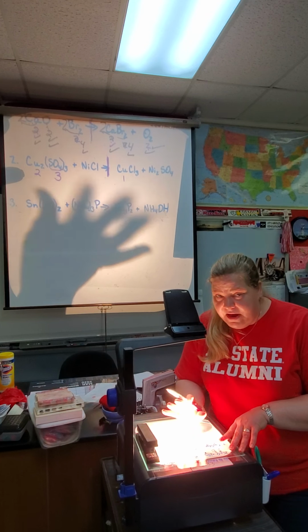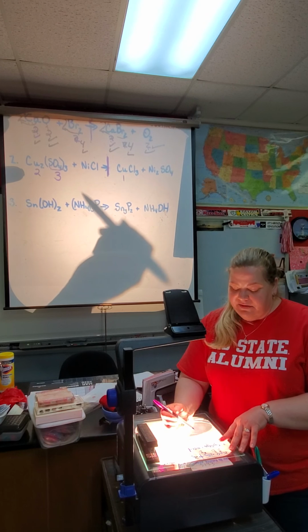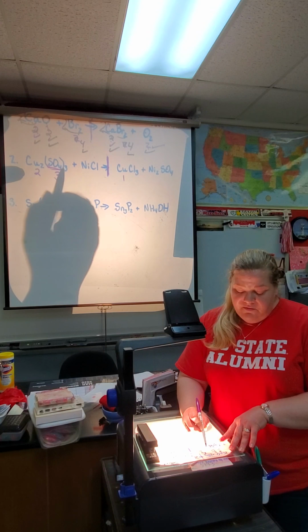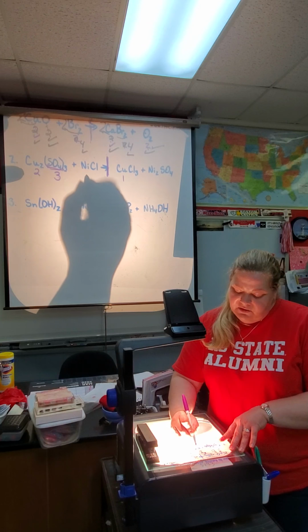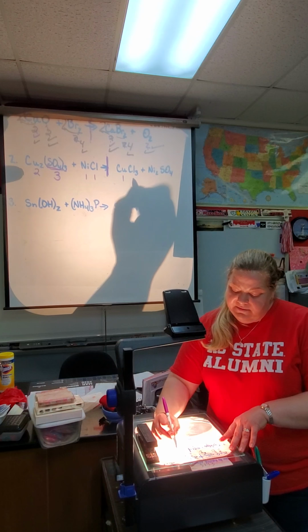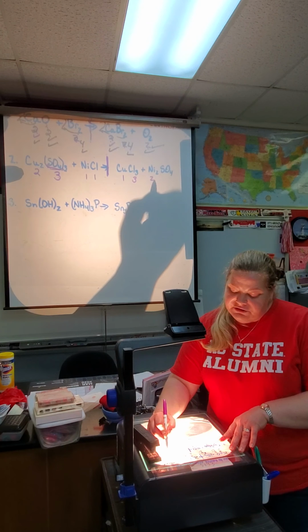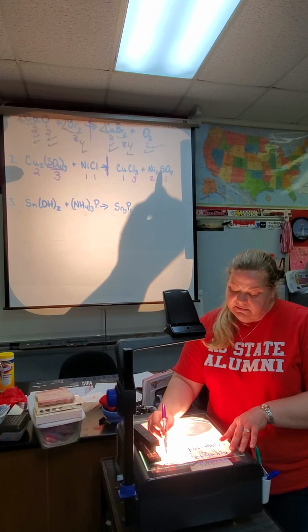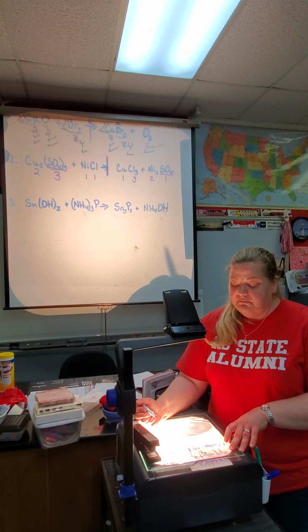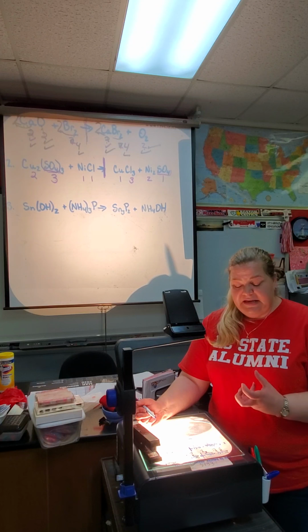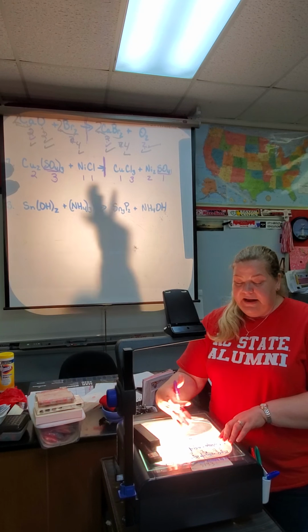If you want to do it that way, that's fine, but I'd rather go the easy route. Sulfate. You have 3 sulfates, 1 nickel, 1 chlorine, 3 chlorines, 2 nickels, 1 sulfate. Can't break up polyatomics, families together. Now we have counted.